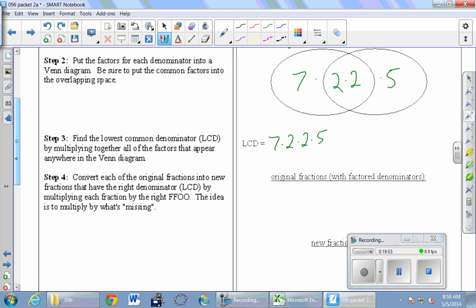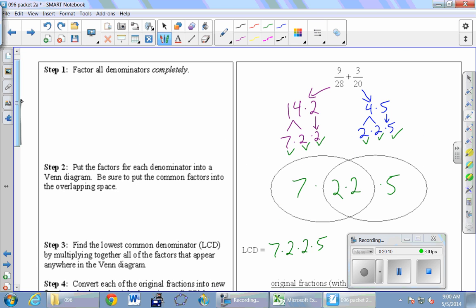It's better. Step 4, convert each of the original fractions into new fractions that have the right denominator by multiplying each fraction by the right foo-foo. Remember, foo-foo was a fancy form of 1. The idea is to multiply by what's missing. So let's come back up here. And I'm going to write that 9 over 28 again.